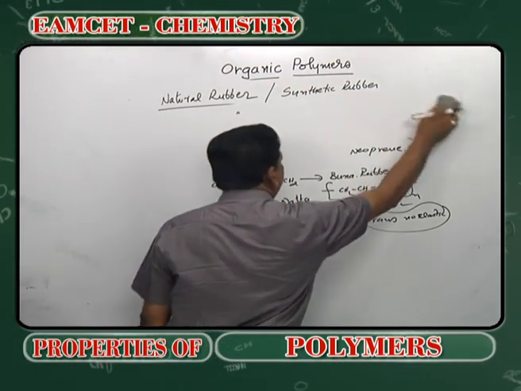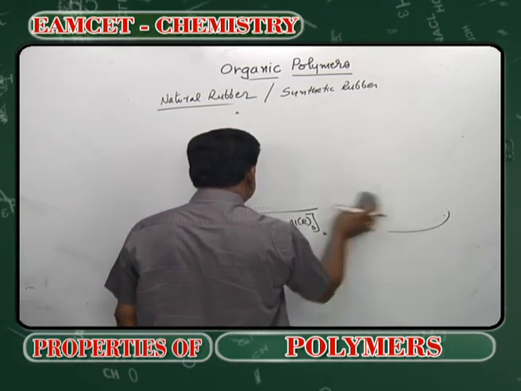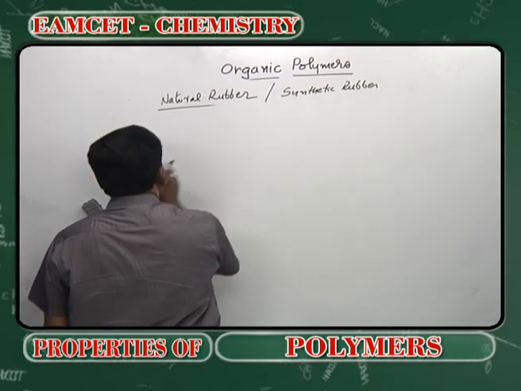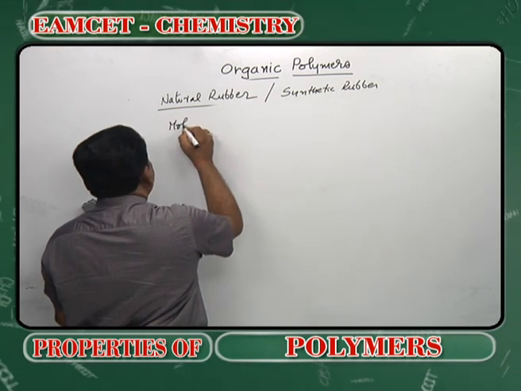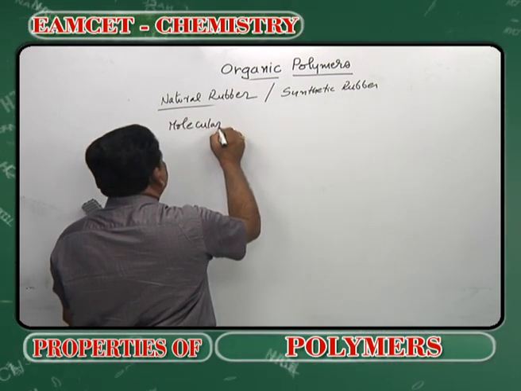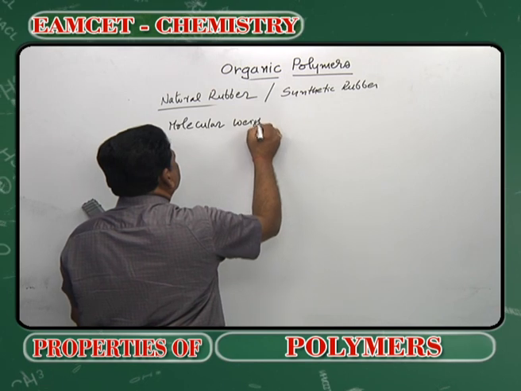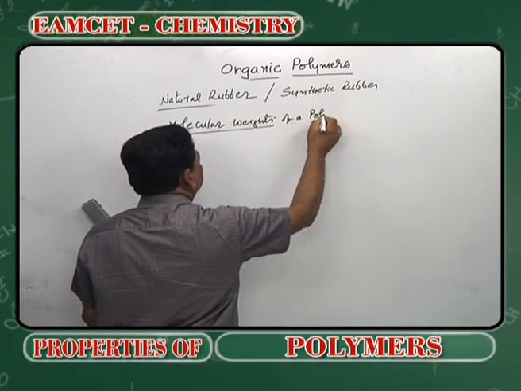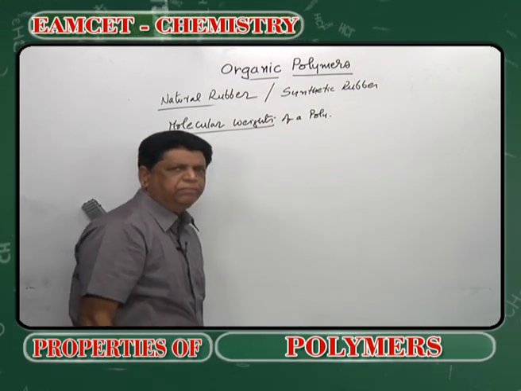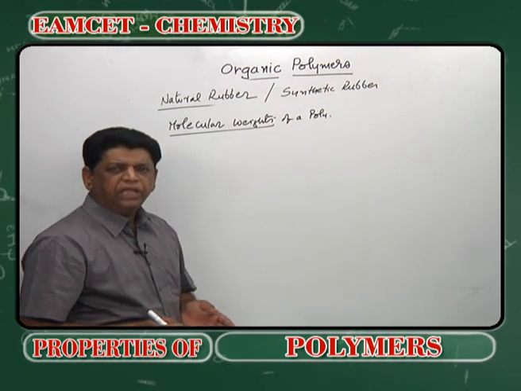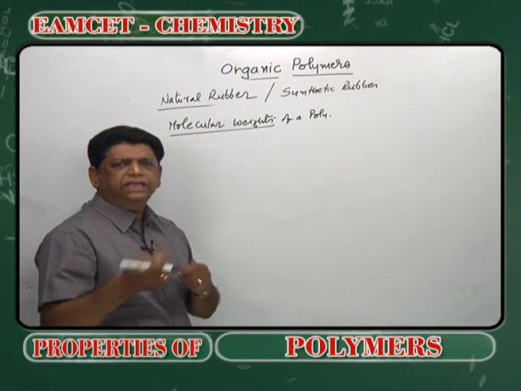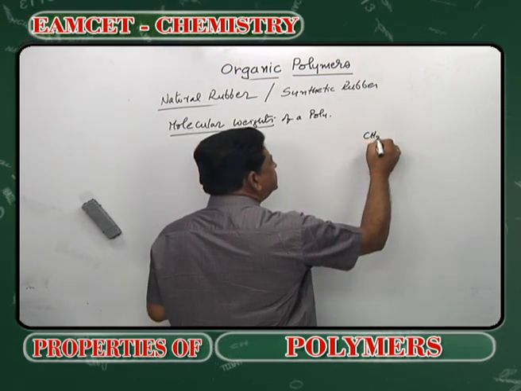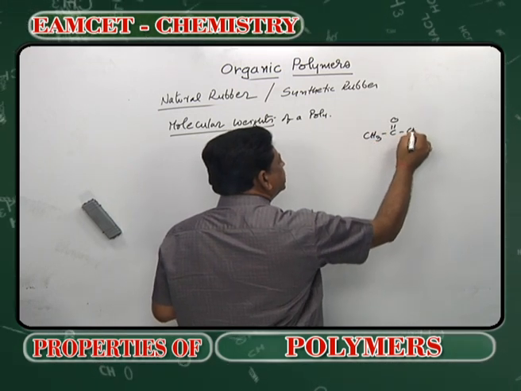Polymers have one problem in expressing their molecular weight. If acetone is taken, a liter of acetone, from wherever part you take the acetone molecule, it will have a rigid structure, CH3, C double bond O, CH3.